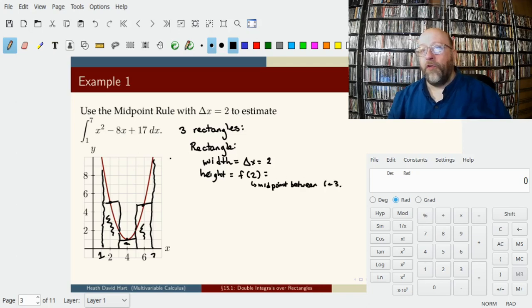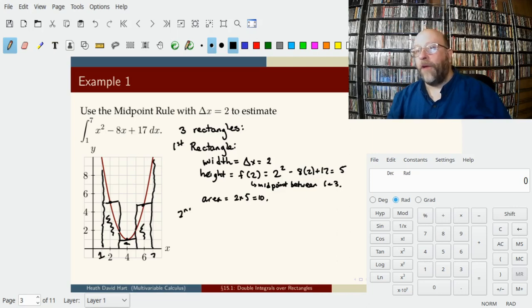And f of 2 is 2 squared minus 8 times 2 plus 17, and that equals 5. And so the area is 2 times 5, and that equals 10. So that's for the first rectangle.